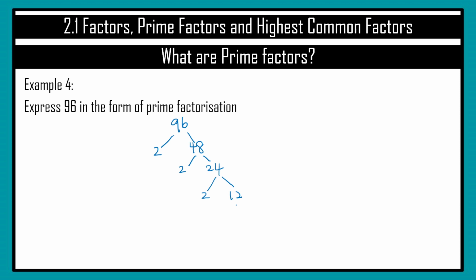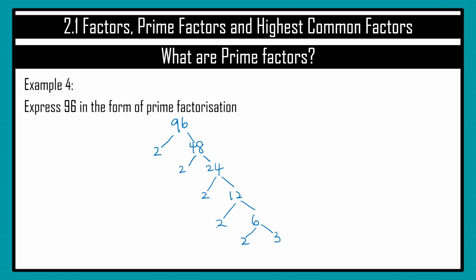So the next one is 12. When I divide 12 with 2, you get 6. Okay, and then 6 I divide with 2, get 3. Now 3 will be the next smallest prime number, so there is no need for us to continue anymore, right?